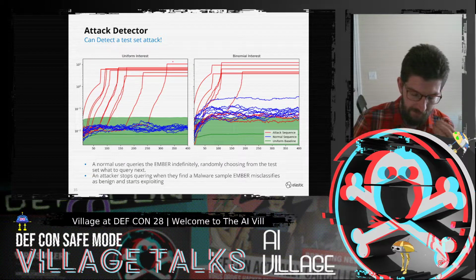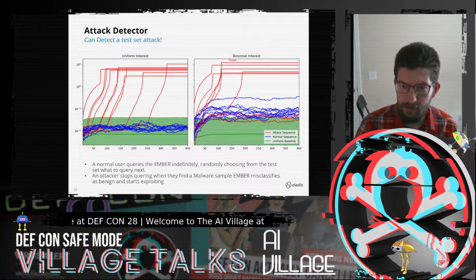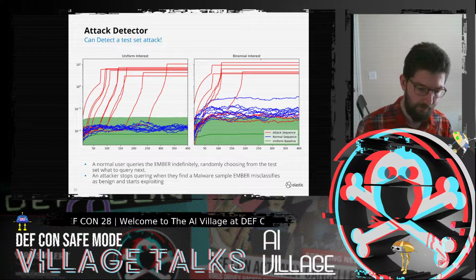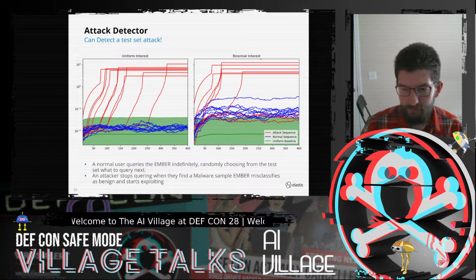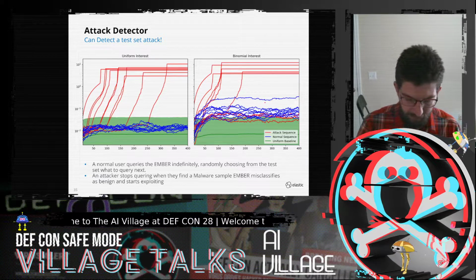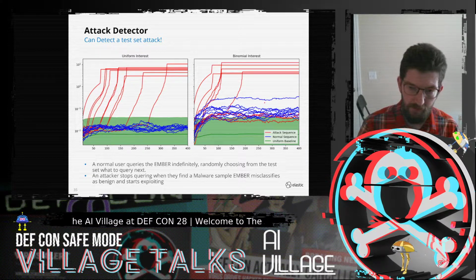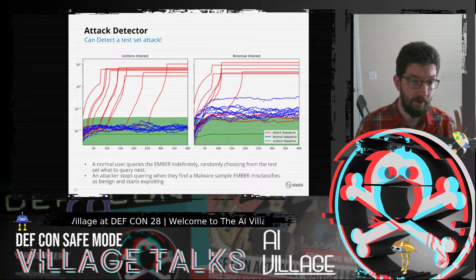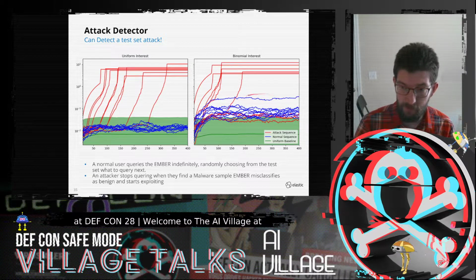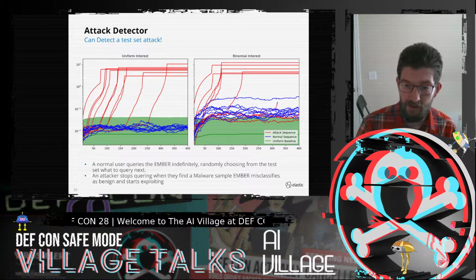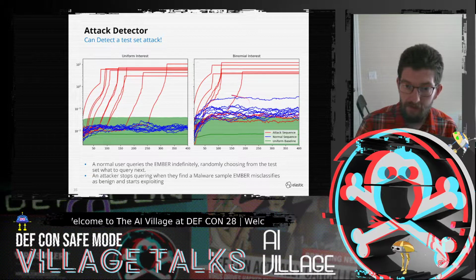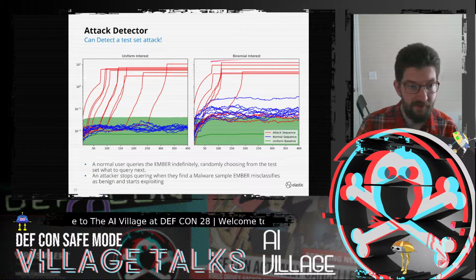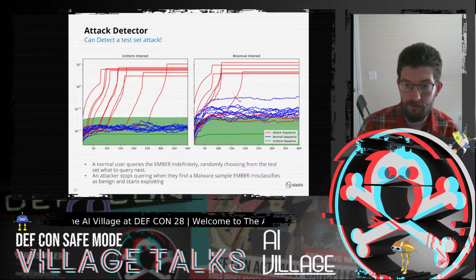But in the real world, users have interest, and this binomial interest is an attempt to retrofit users' interest onto an academic system. And you can see that when you give people specific interests, and there's a paper and the library specifically models what the interests of this binomial interest mean, the KL divergence is higher versus a baseline, but the attackers still have 10 times higher divergence than the normal users.